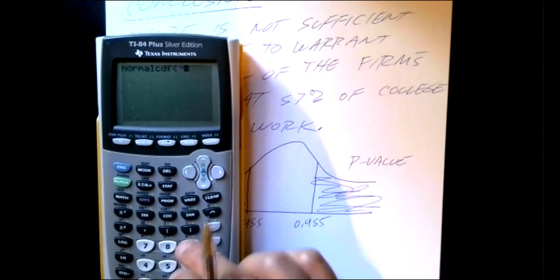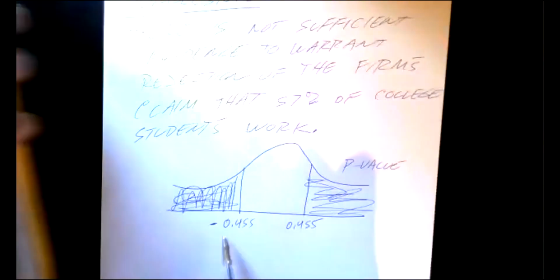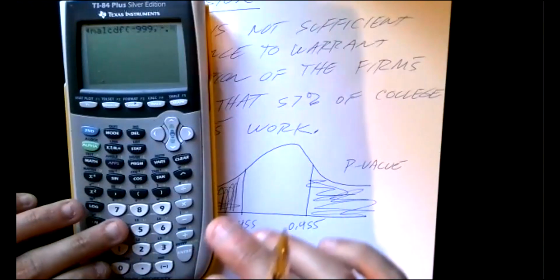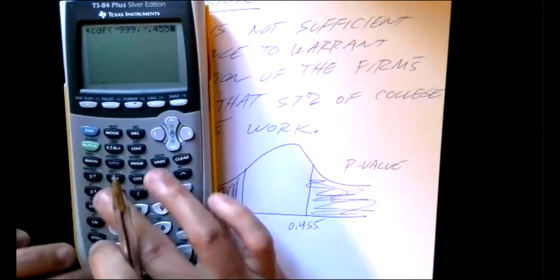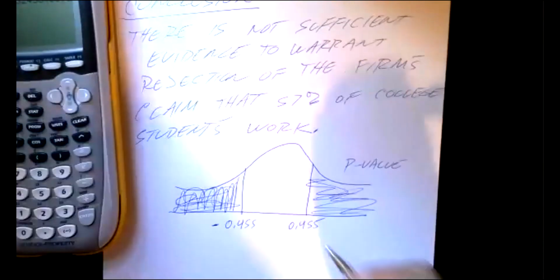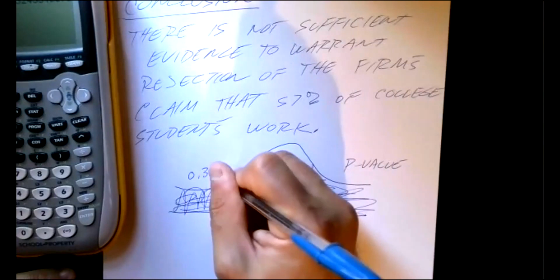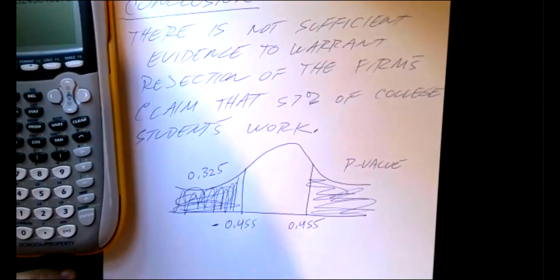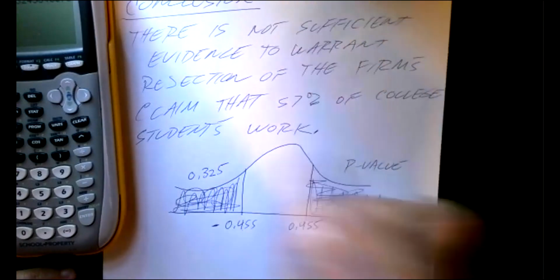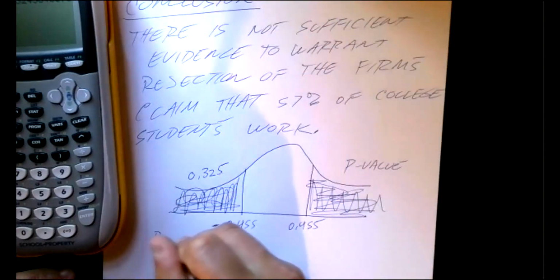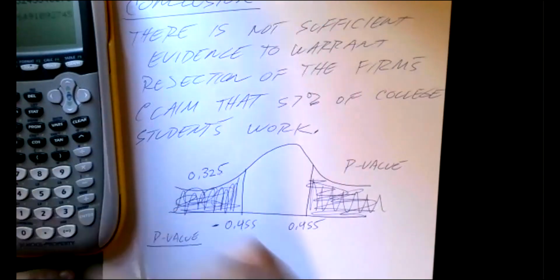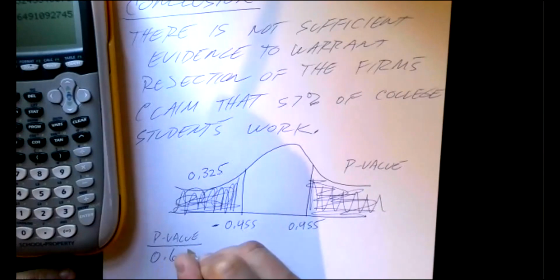To the left is negative 999 up until negative 0.455, comma 0, comma 1. 0.325. This is not the p-value. P-value is the area in both tails, so we'll just times this by 2. .65.